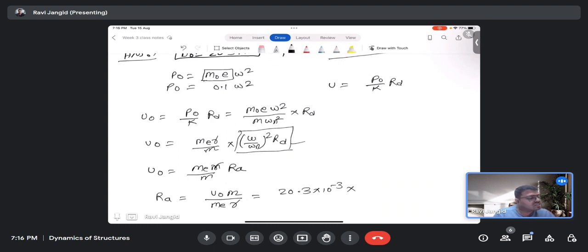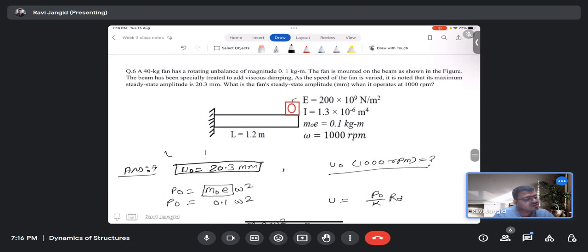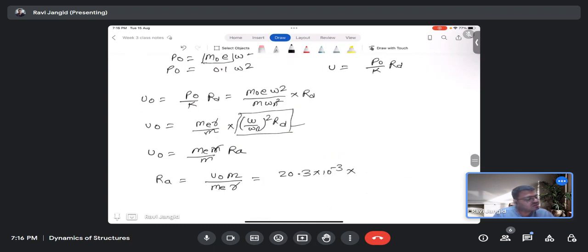M, the mass of this motor, is given as 40 kg, and M e into R is given as 0.1. So what is this RA value?